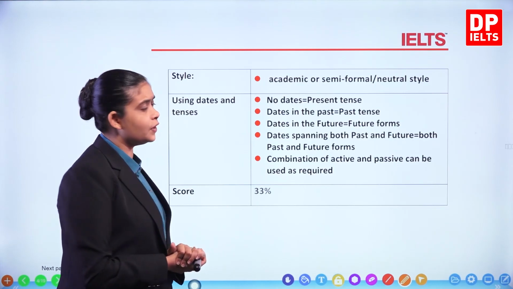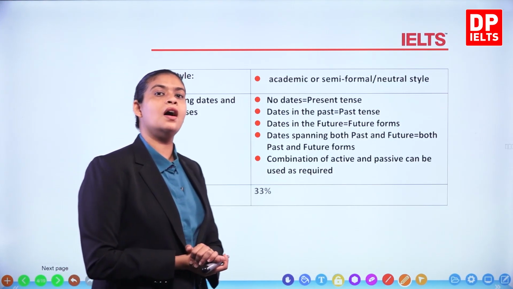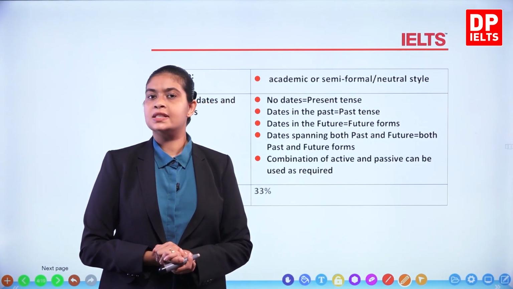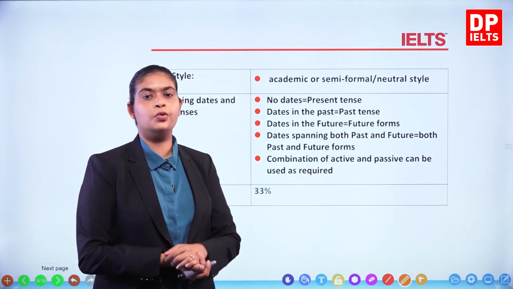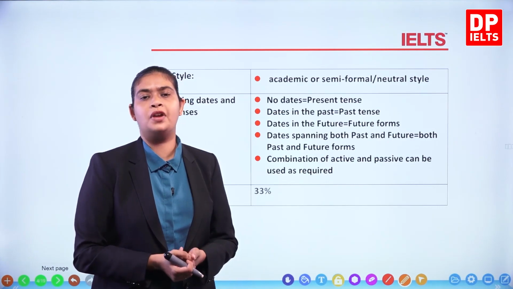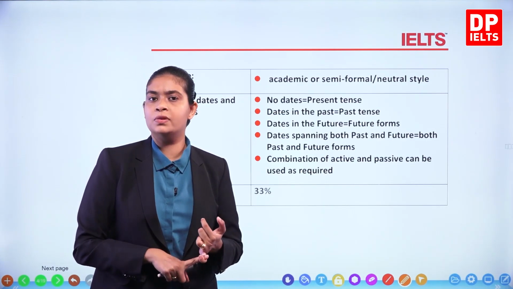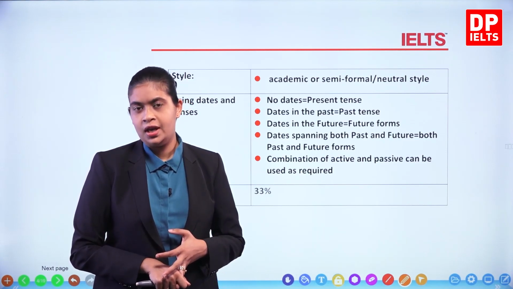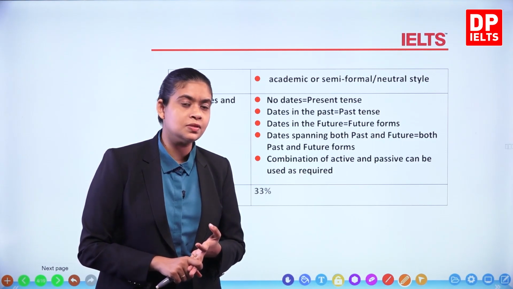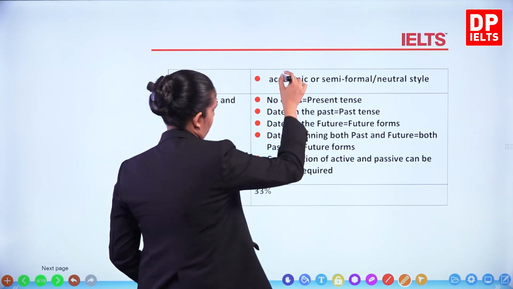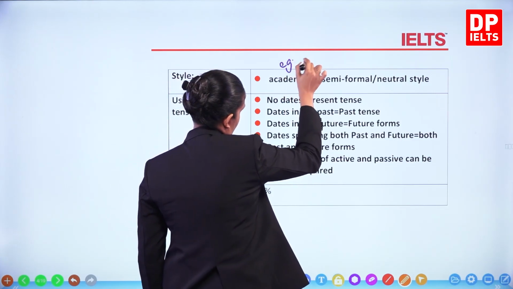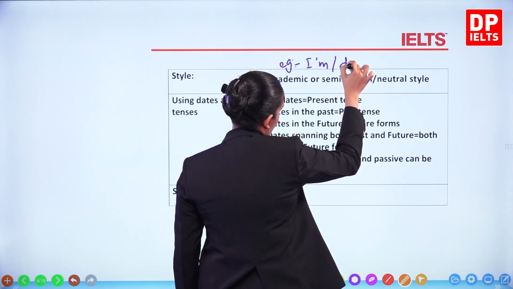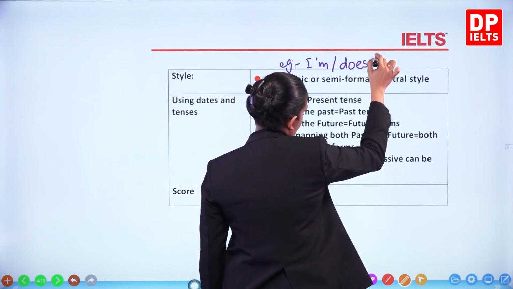Alright, so moving on, what style or genre should I be using? Style or genre means how you write it, okay? Your style of writing. Can it be informal? No. Can I have slang words? No. Can I have contractions? What are contractions? Examples: I'm, doing, doesn't.